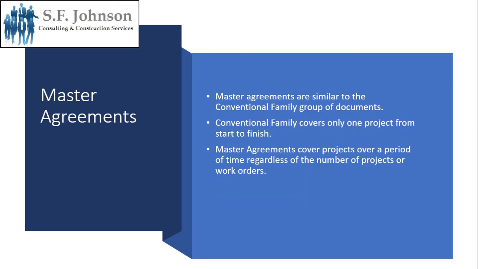And last but not least of the set is our master agreements. And so basically master agreements are similar to the conventional family group of agreements, where the conventional family is only for one project, where master agreements are for multiple projects or over periods of time or multiple work orders, where conventional family again is for one project at a time from beginning to end, where master agreements cover a long period of time.